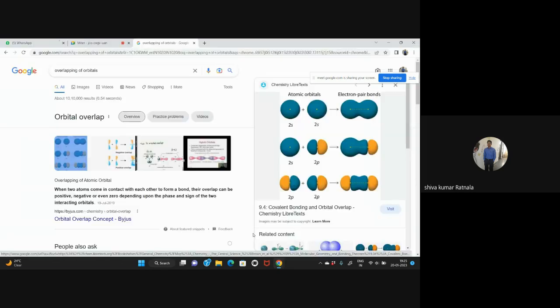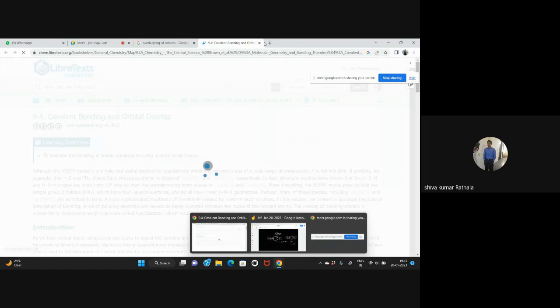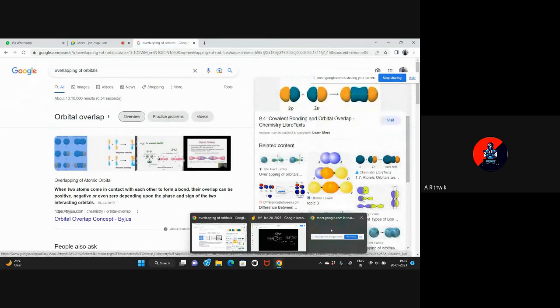That means in this diagram of 2p orbitals, if blue color and blue color overlap, that is positive overlapping. If yellow color and yellow color overlap, that is also positive overlapping only. Are you getting what I'm trying to say? If yellow color and blue color overlap, that is negative overlapping.